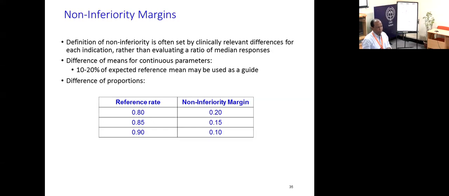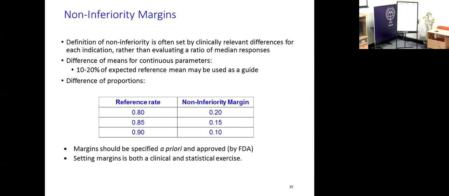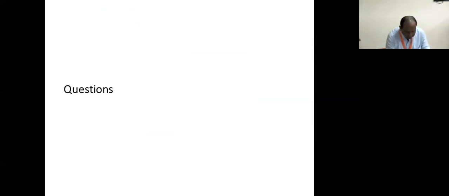So 20% of your P or 20% of your V. For example, for a zero conversion rate, if you have no idea how to fix the margin, the rule of thumb says you can go up to 20% of 90%, which is 18%. But they wanted to have a strict 5%. This is just a rule of thumb, and usually it is very broad. And just see how you can fix the margin.